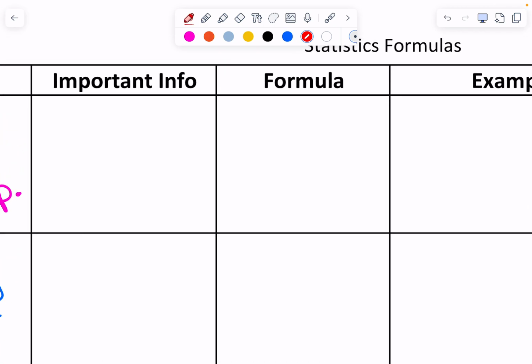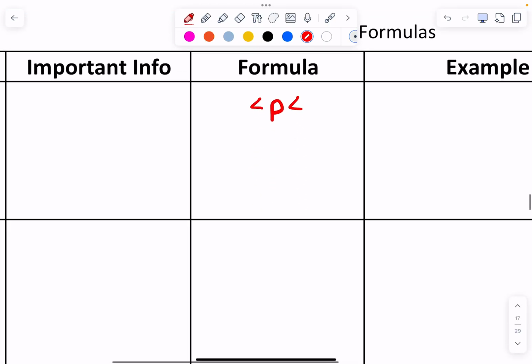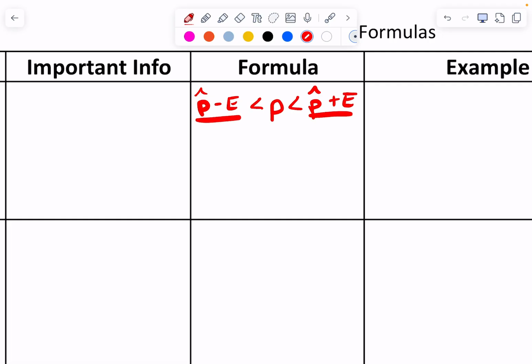Okay, I'm going to go to formula and then we'll go back to important information. So the formula that you need: we are trying to find where P lives, and we have to have 2 numbers that it lives between. First row, we're trying to find where P lives. And in order to find where P lives, we take P hat and we subtract the error, and we take P hat and we add the error. And that gives me my 2 numbers that P lives between.